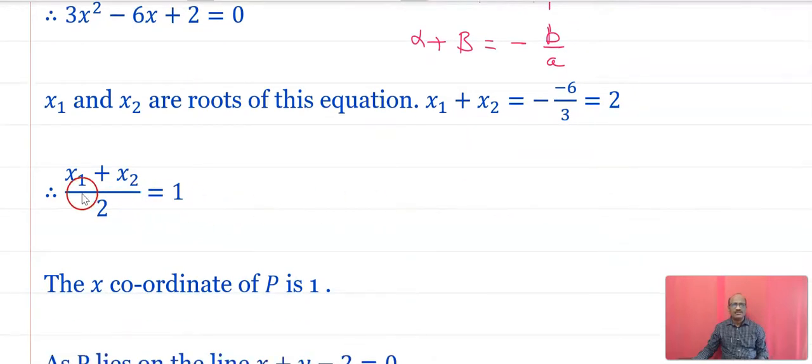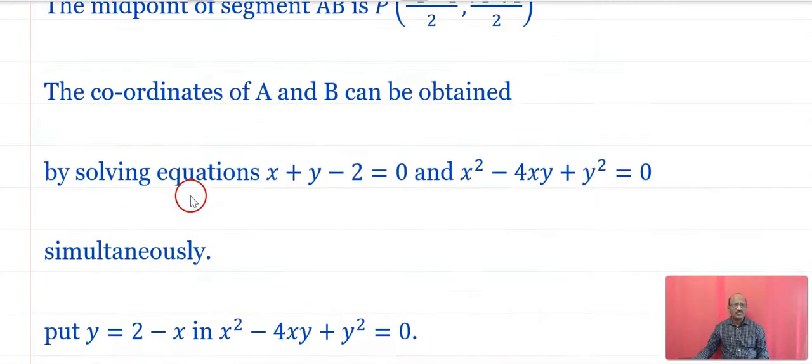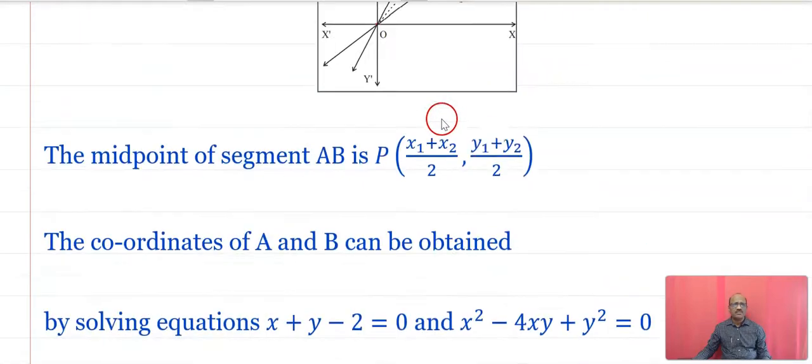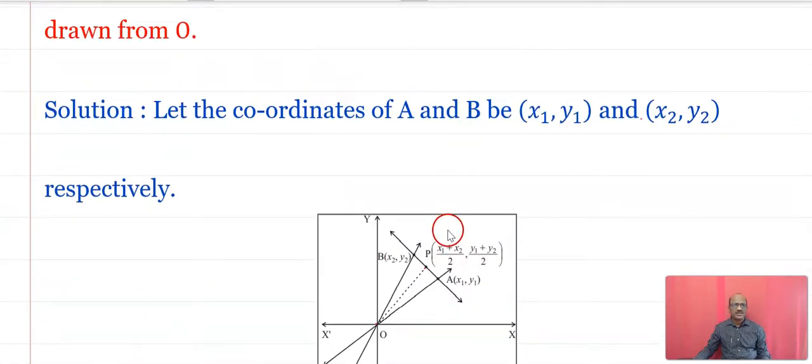And therefore, x1 plus x2 is equal to 2. Divide the equation by 2, then I will get x1 plus x2 upon 2 is equal to 1. It means that we get the coordinate x1 plus x2 upon 2, and that coordinate is 1. I will write here the x coordinate of that point P is 1.